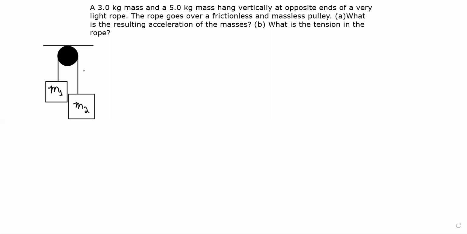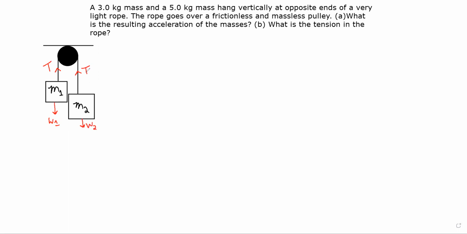So first, we'll start by graphing all forces. In the cord, we have tension, and tension always appears at both ends of the rope. W1 and weight 2, or force due to gravity 2.